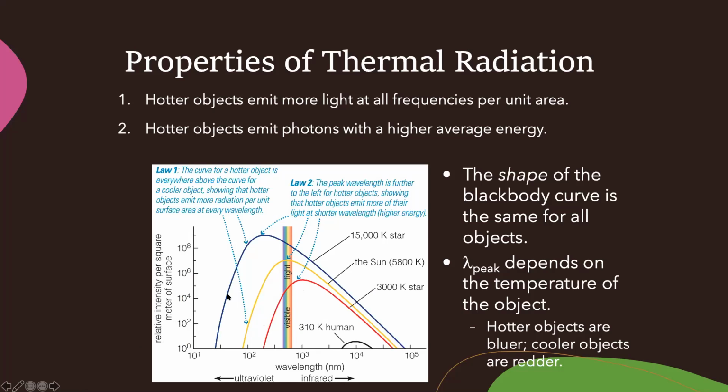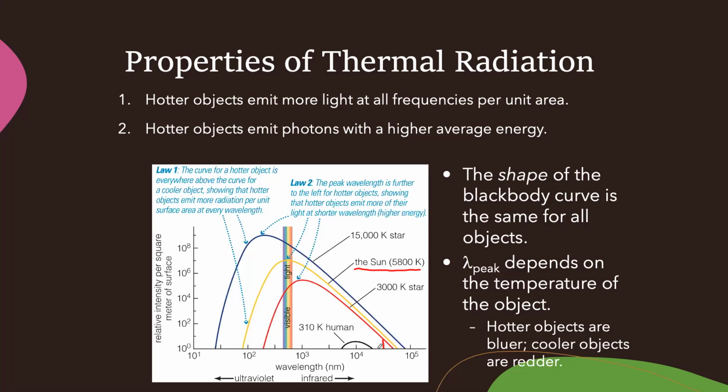But then you can take a look at the yellow one. The yellow curve, and the peak wavelength. This yellow curve is for the sun, which is hotter, 5,800 Kelvin. So you'll notice that it's emitting more light per unit area. If you look at the red curve and then the yellow curve, you see how the yellow curve is higher up.